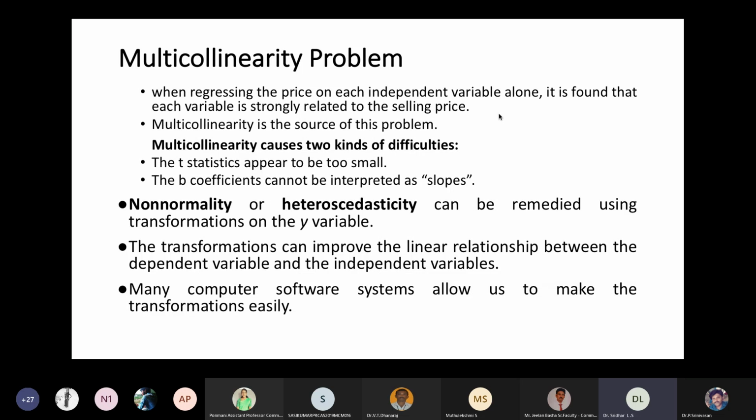Next is very important: the multicollinearity problem. What is the multicollinearity problem? Sometimes your R squared may not improve, and the reason could be multicollinearity. Why? Because x1, x2, x3, x4, x5, five variables have been defined, and let's say x1 and x3 are close to each other.